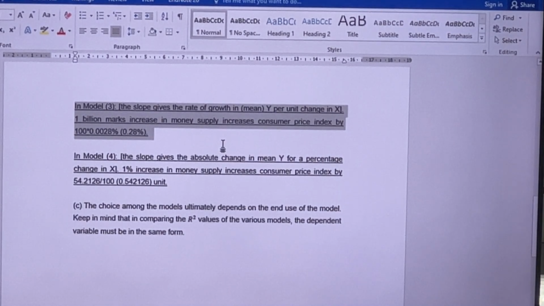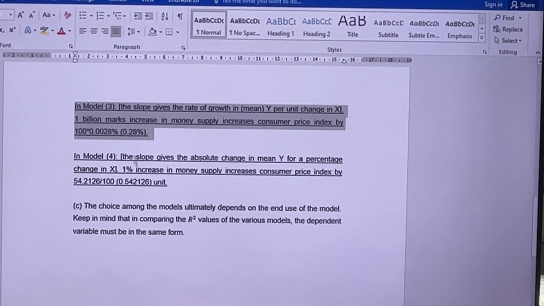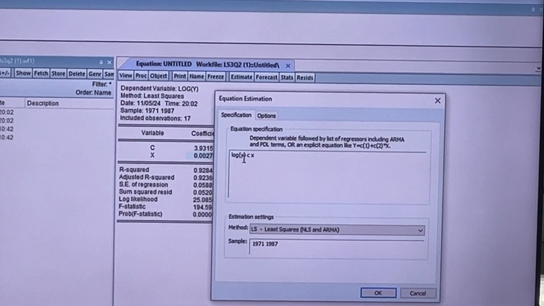The last one, linear log. Linear log means that the dependent variable keeps its original values, and the independent variable uses log.